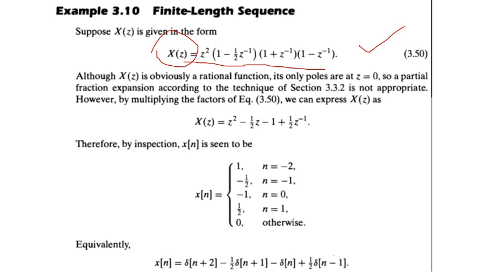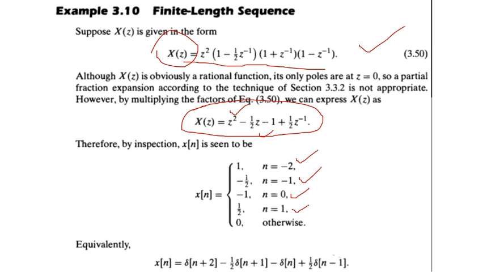So just multiplying all these together, we get X(z) equal to this thing. Now we know the inverse of z raised power 2. This is positive, so obviously this is defined at n equal to minus 2. Minus 1/2 z, this is defined at minus 1. Inverse z transform of minus 1, this is defined at 0, this is defined at 1, and 0 otherwise.